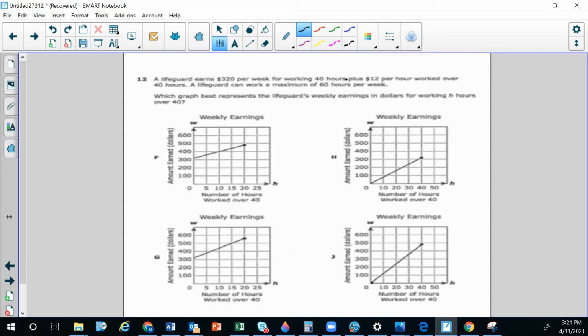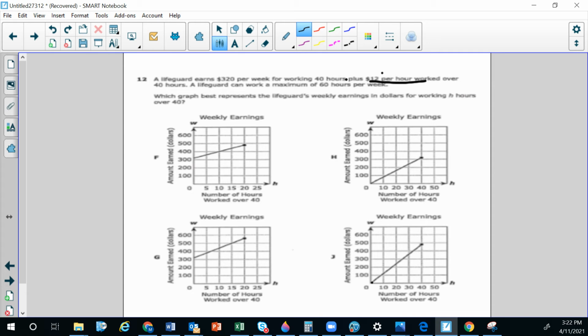Then once he hits 40 hours, his pay increases. He starts making $12 per hour. So once he hits 40 hours, he's making 320, and then at that point he starts making more money at $12 per hour.